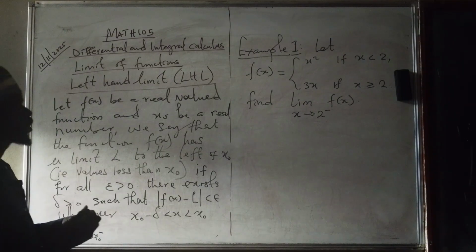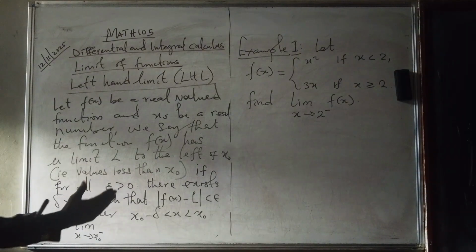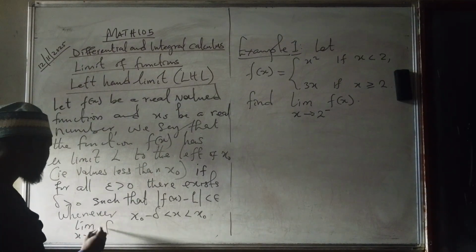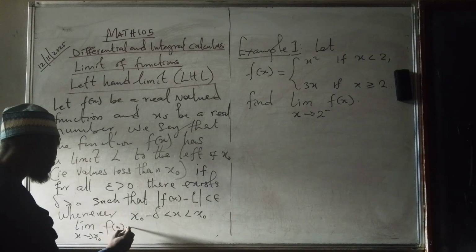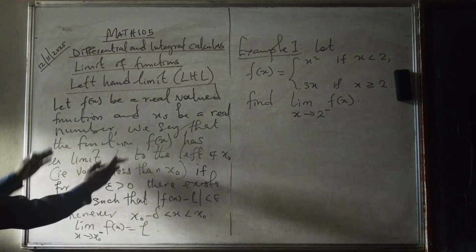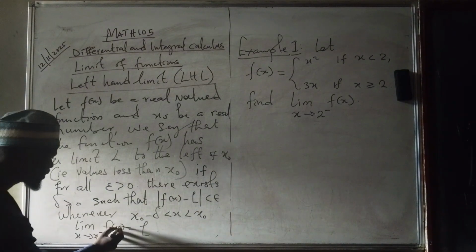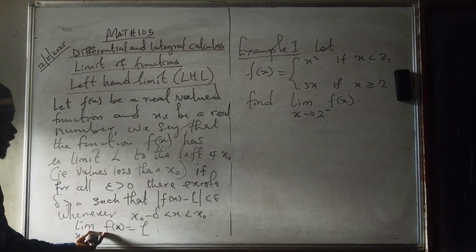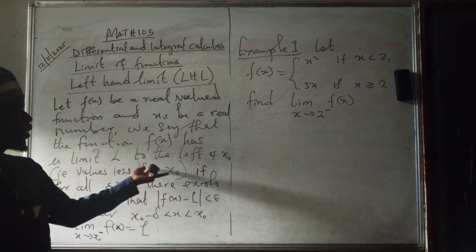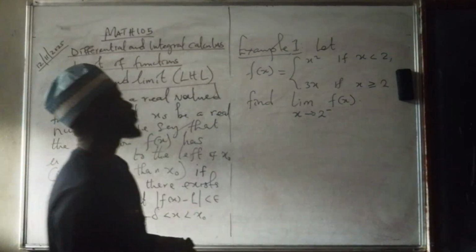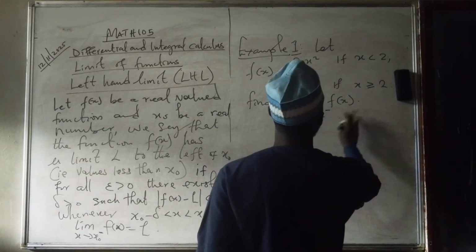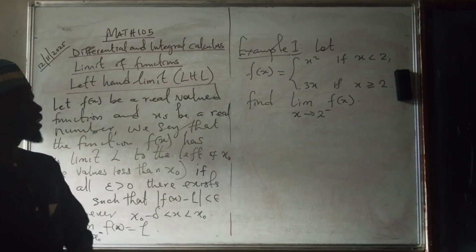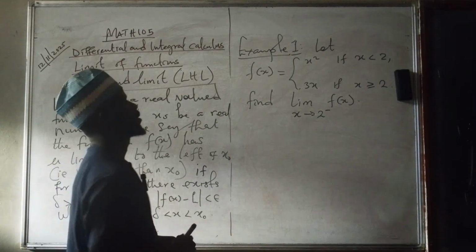That is, we are talking about all the values to the left of, or all the values less than x naught, so f of x is equal to L. Whenever this definition is satisfied, we say the left-hand limit exists and it is equal to L. So you should find the limit as x tends to 2 from the left.